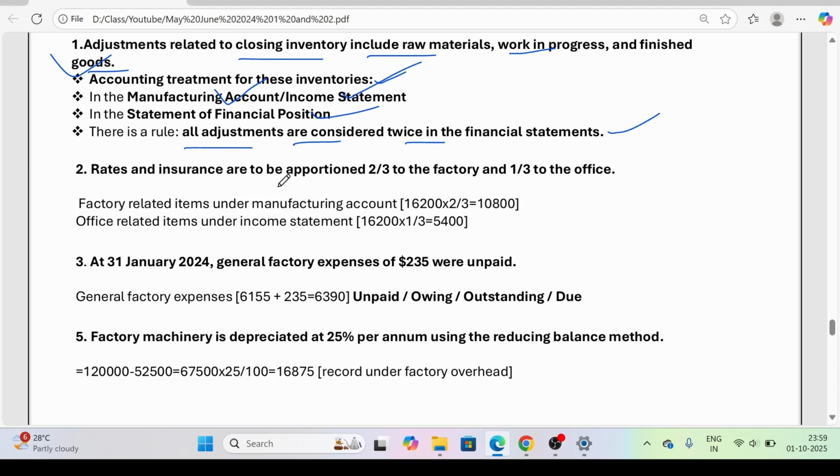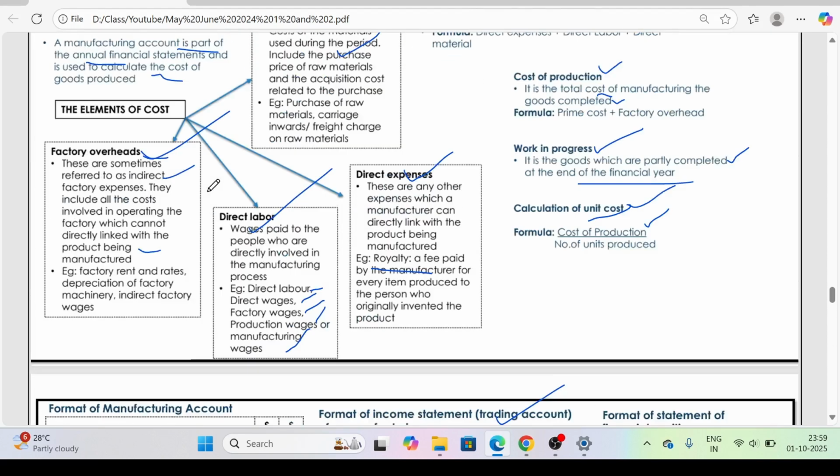Then we are moving to the second adjustment. Rates and insurance are to be apportioned two-thirds to the factory and one-third to the office. Remember, factory related items we will always take under the manufacturing account. Office items we have to record in the income statement. Let's see how the calculation will be. Rates and insurance, what's the value?